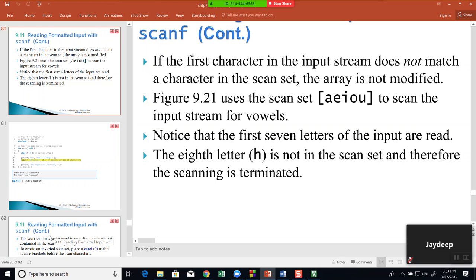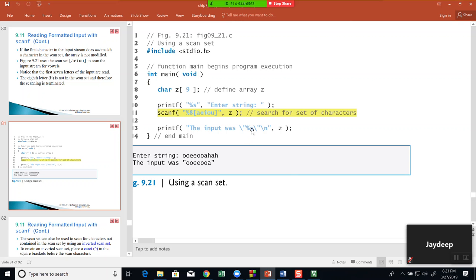Well, no, it just terminates when it runs across the first one that's not in that list. So that's why it had nothing to do with the /0, I guess. But yeah, this would have read in 8 letters, but since it ran into one that's not in the list, that's where it stopped and dropped all the rest.